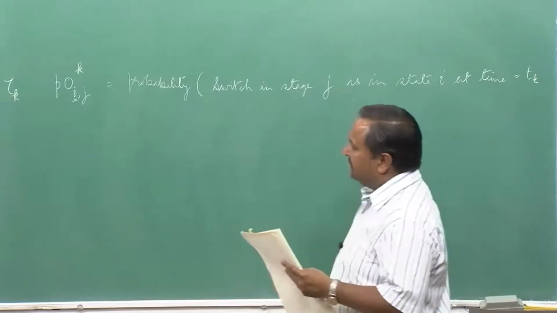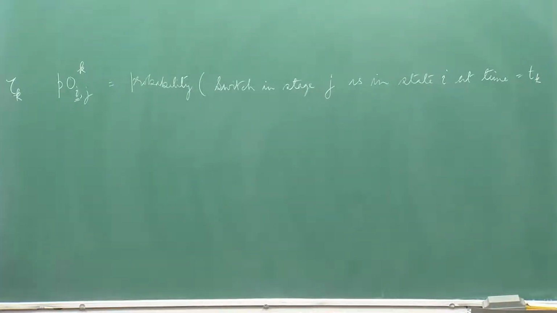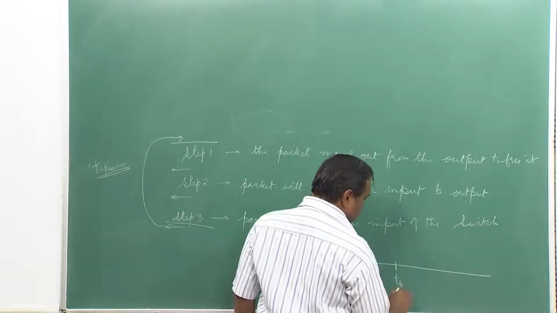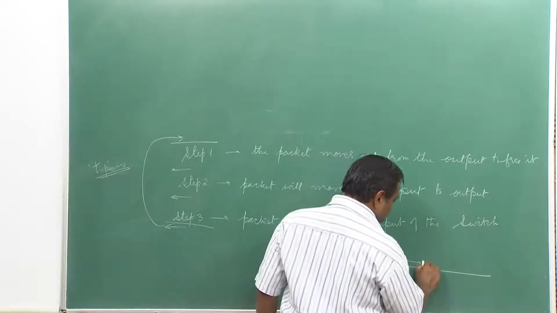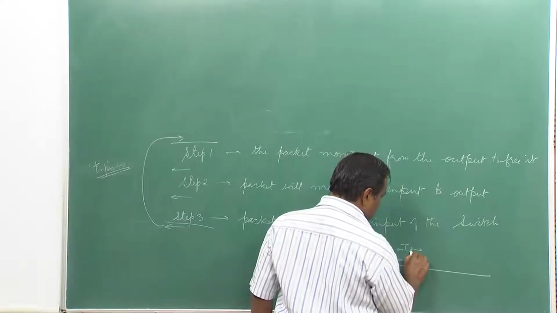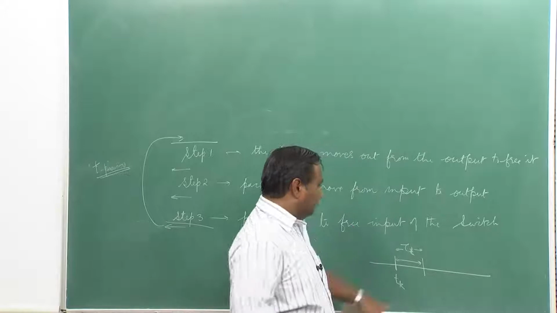So, remember the tau k step. When I draw a timeline, the Tk is this time instant, and this particular time interval is tau k. So, Tk is that particular time step.